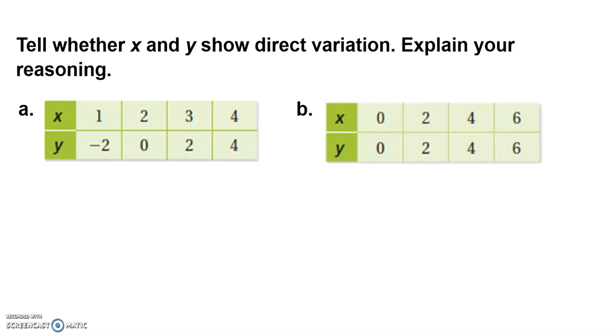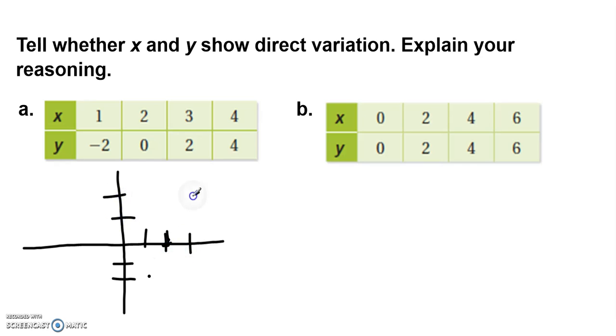Okay, so this says tell whether x and y show direct variation and explain your reasoning. I'm going to graph these. For A, we have 1, then 1, 2, and then 2, 0, and then 3, up 1, 2, and then 4, up 4.